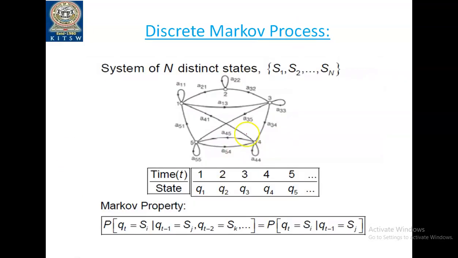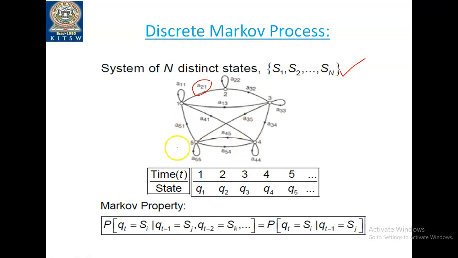Now let us consider N distinct states, that is S1, S2, up to Sn. For simplicity, I have considered only 5 states, if you want to visualize. This is the way we take the state diagram. Here A11 is the transition probability for state 1 to itself, A21 is a state transition probability, and from 1 to 2, and then from 1 to 5, like this.